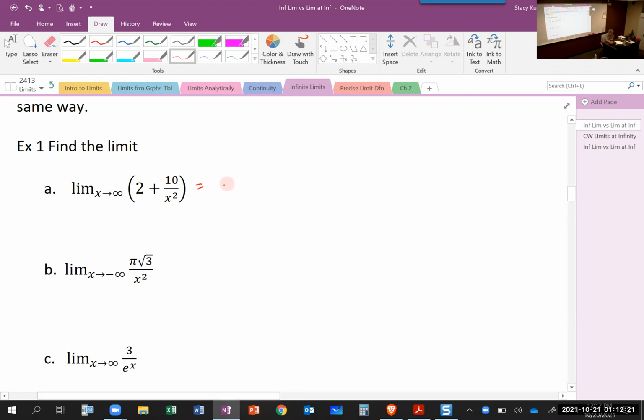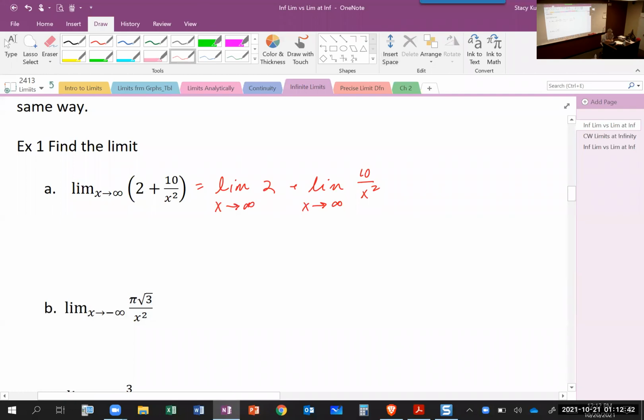If we were to deconstruct this, it's the limit as x approaches infinity of 2 plus the limit as x approaches positive infinity of 10 over x squared. Again, we're not going to do this every time. The limit of a constant is always the constant, so the limit as x approaches infinity of 2 is simply 2.